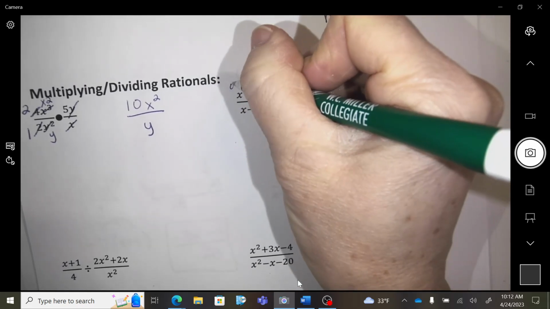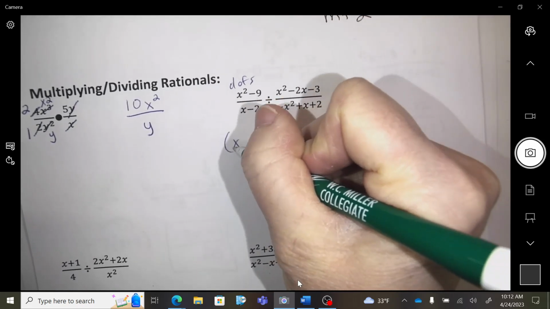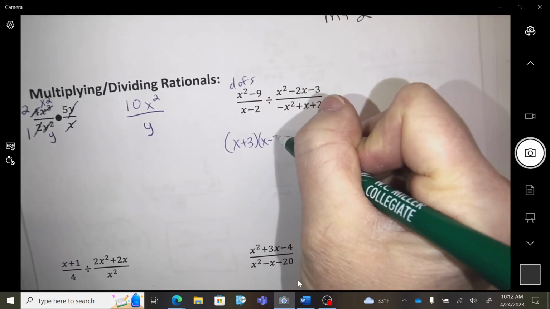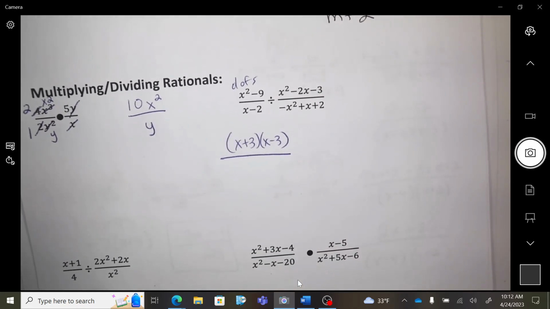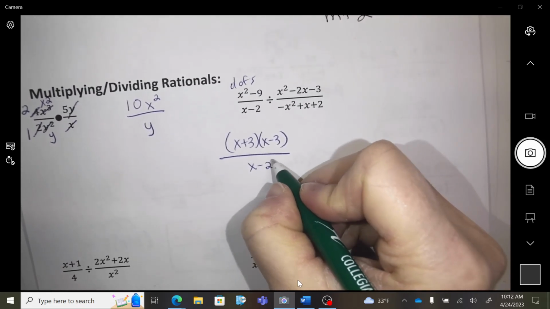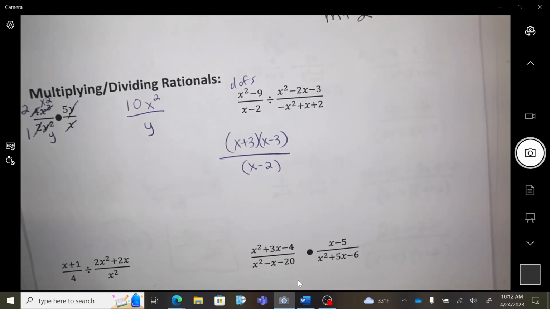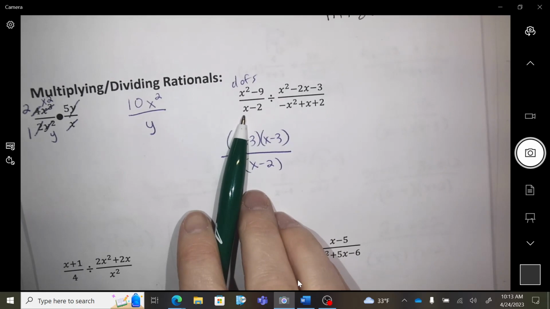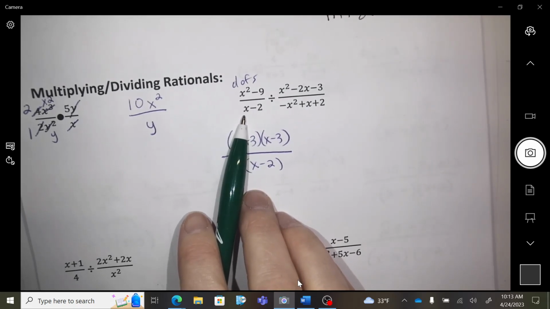Difference of squares. So x plus minus 3 over an x minus 2. Nothing I can do with that. Can't negative out that one. No, it has a positive x in it. So that's good. I like that.